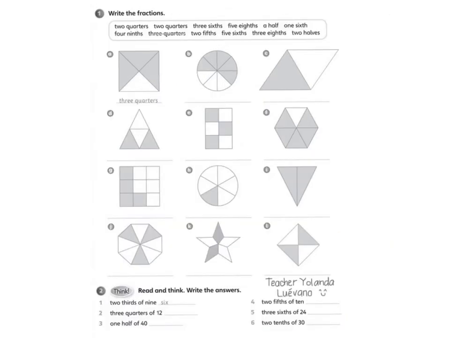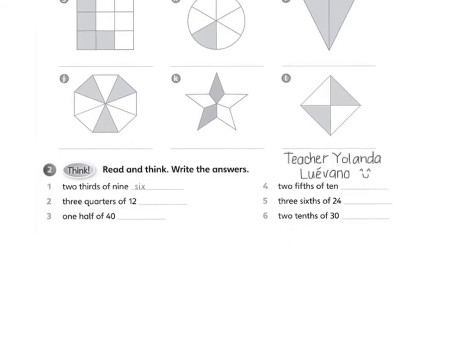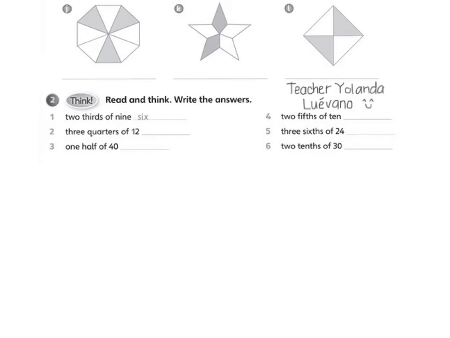Moving on to the next activity, it says, read and think. Write the answers. So it says 2/3 of 9. 2/3 of 9 equals 6. How is that possible? Again, remember that a denominator is something that you're going to use to divide a whole or to make groups.